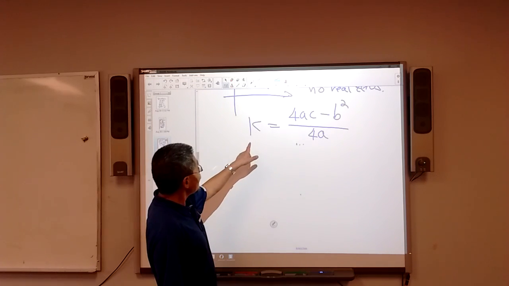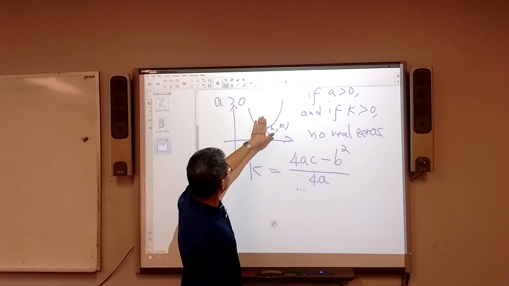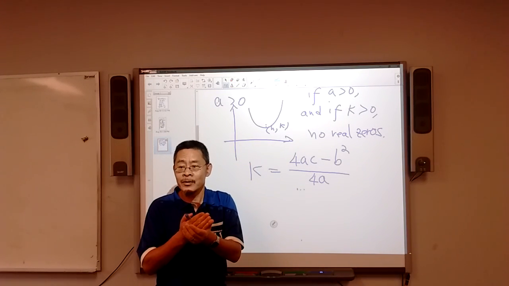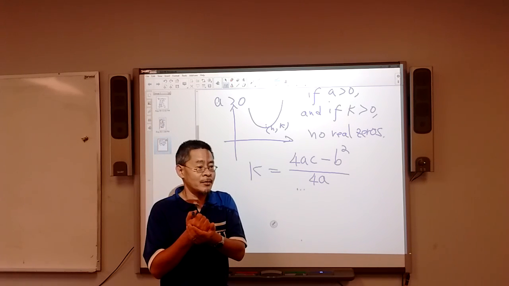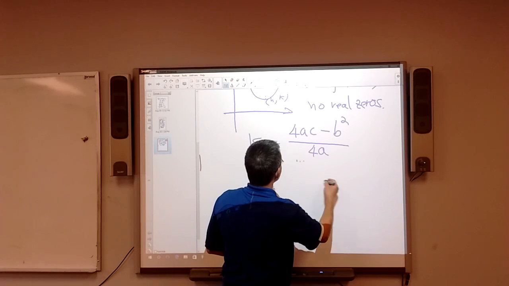Remember, if this is positive, that means our graph has to be above the x-axis, so we don't have the x-intercept point, which means we don't have real solutions, right? So if k is positive, what happened to this part?